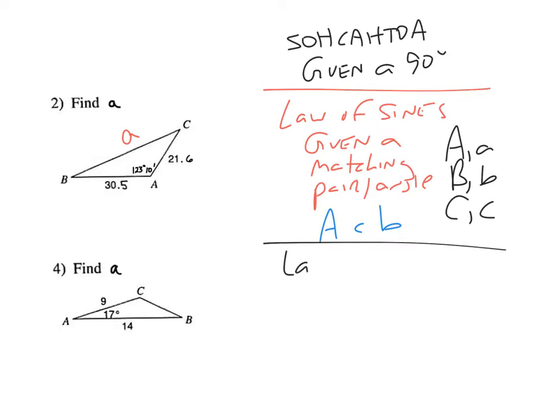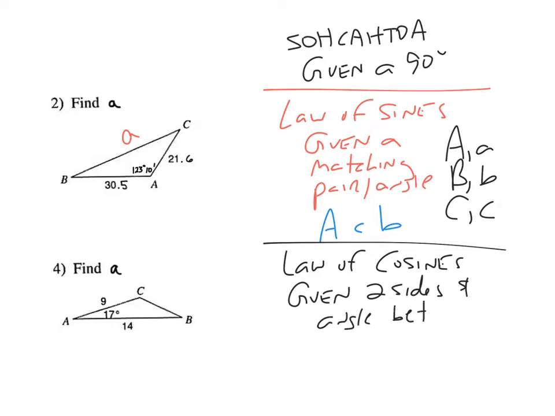So next we look to use the law of cosines. The first case for when you use the law of cosines is you need to be given two sides and the angle between. And that's what we're given here.